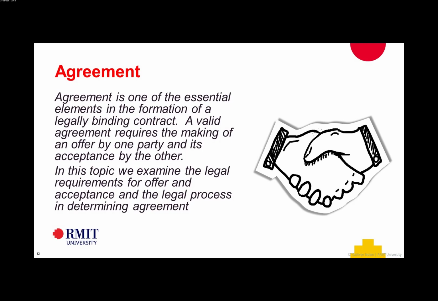So all contracts are agreements, but not all agreements are enforceable, so not all agreements are contracts. We have social agreements, we have honour agreements, we have other forms of a relationship. So we're going to really focus on enforceable agreements and look at what the legal requirements for offer and acceptance are, and what the process is for determining whether an agreement exists.